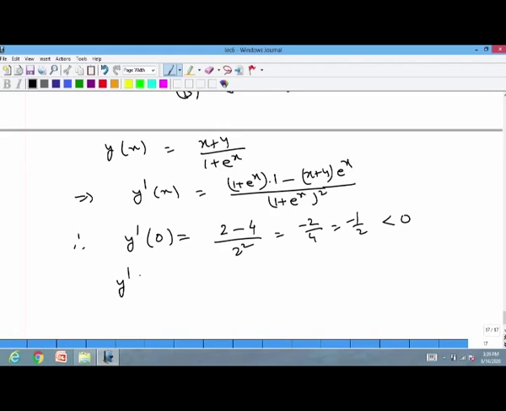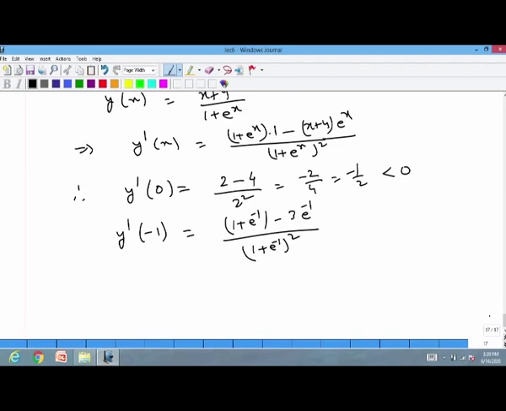And y'(-1) is [1 + e^(-1) - 3e^(-1)] divided by (1 + e^(-1))^2.